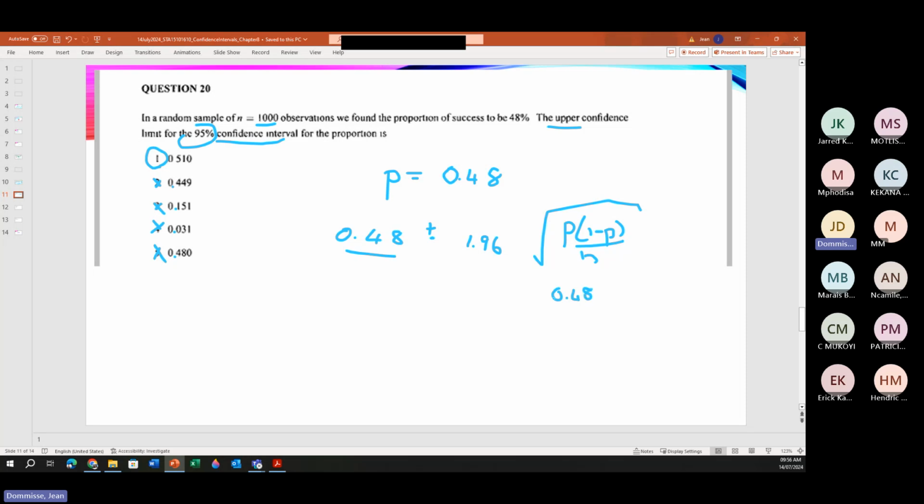So 0.48 times 0.52 divided by 1,000. So that will be our standard error, which we will multiply by 1.96. So let's just see what is that standard error.